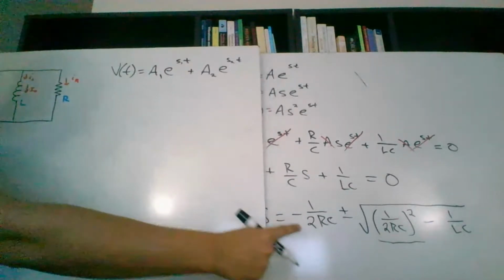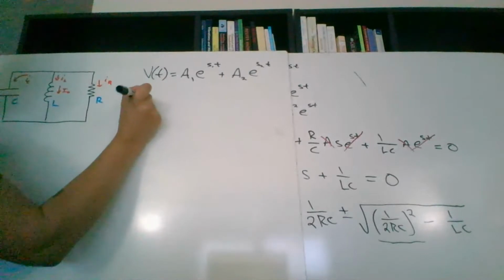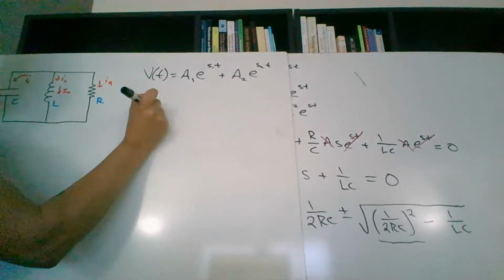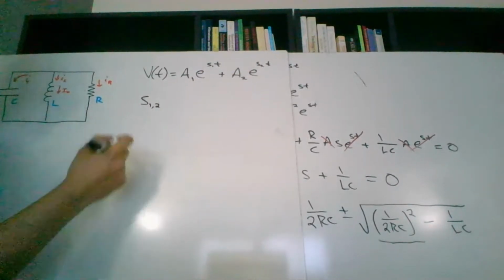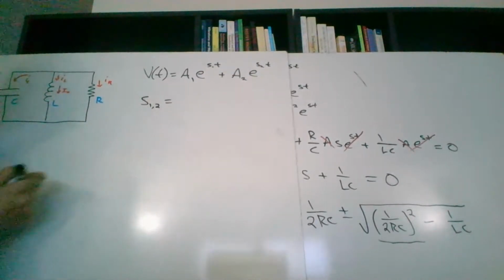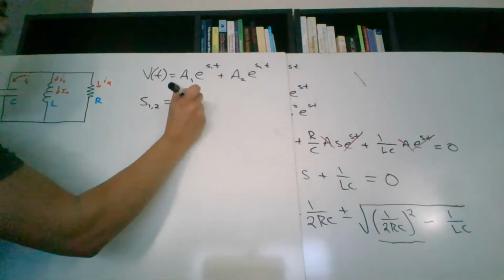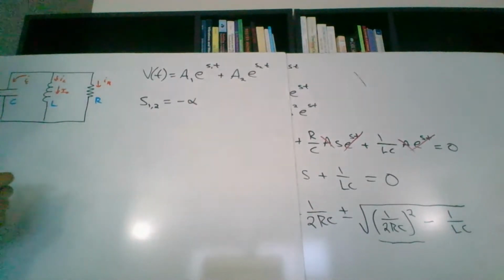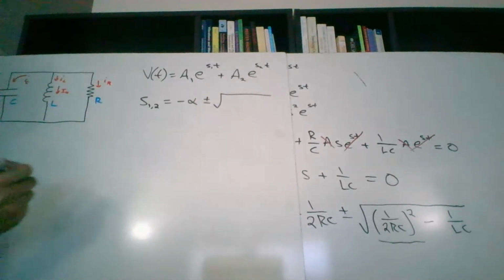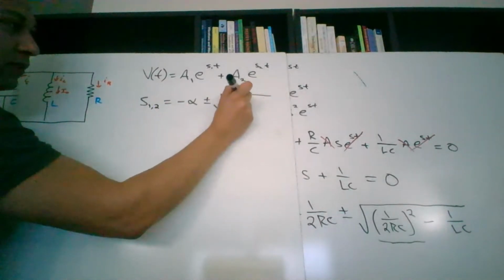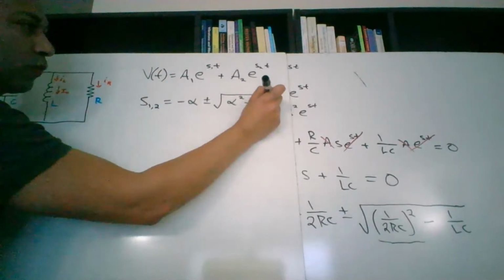Now, something else is I want to rewrite s over here. Instead of s, I'm going to write it as s1,2, because we have an s1 here and an s2 right there. s1,2 is going to equal negative alpha plus or minus the square root of alpha squared minus omega naught squared.